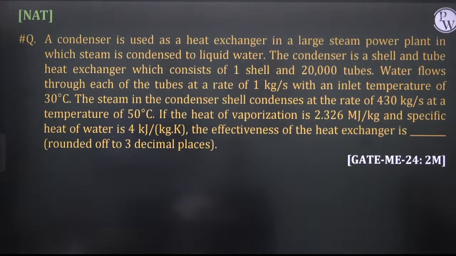If the heat of vaporization is 2.326 megajoule per kg and the specific heat of the water is 4 kilojoule per kg Kelvin, then what is the effectiveness of the heat exchanger? What is the answer that you are getting?